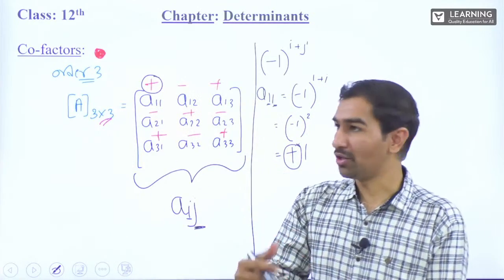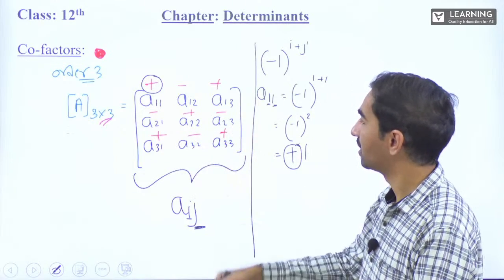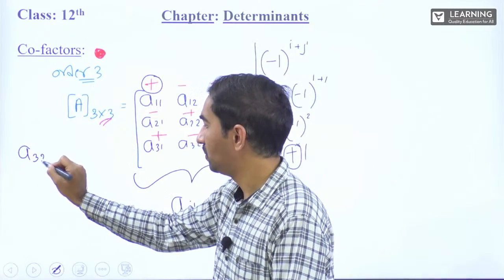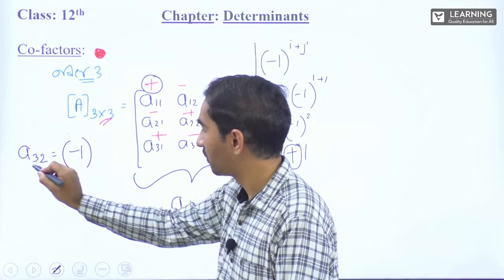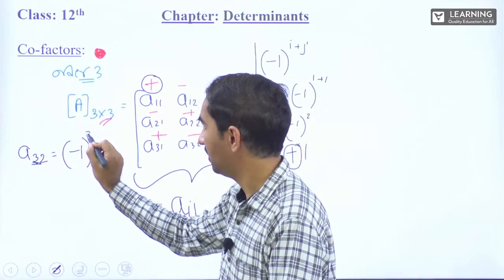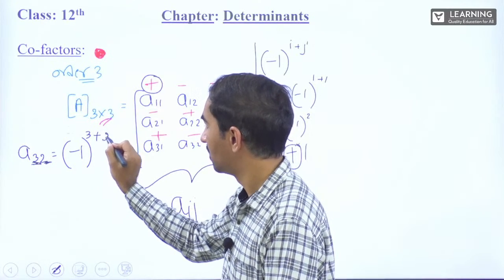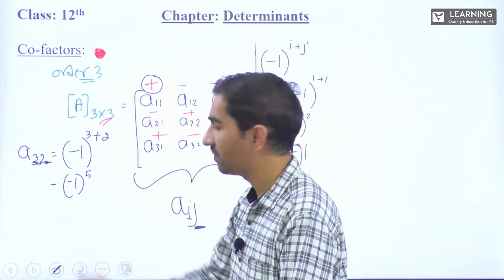Understanding? Moving on to the next one, let us take a minus sign. So let us take A32. What is the cofactor of A32? Write that A32 equals minus 1 whole to the power of, what is in the place of I? 3, plus, what is in the place of J? 2. So that is nothing but minus 1 whole to the power of 5.